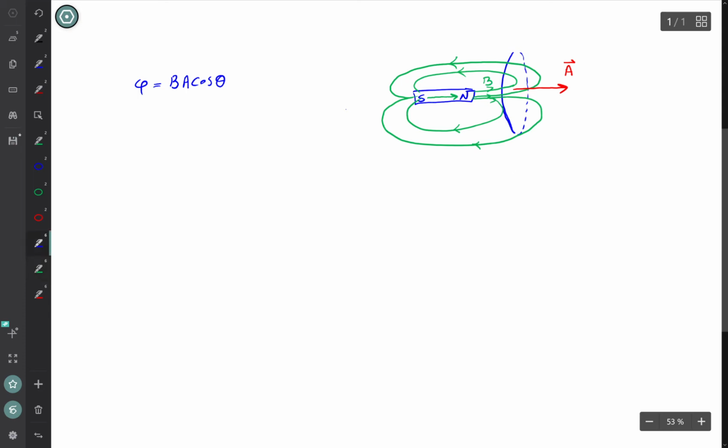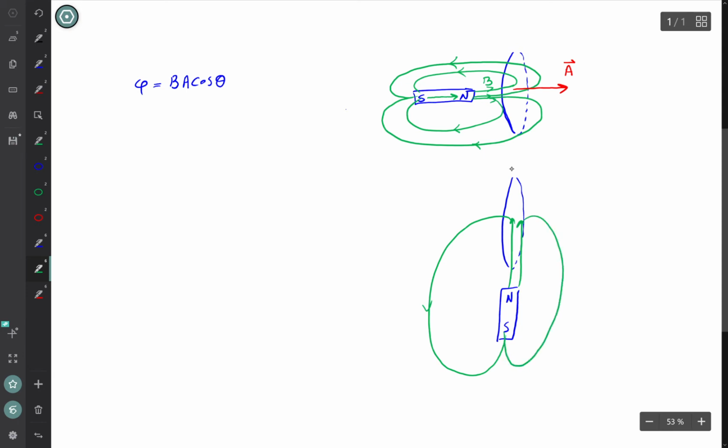Now, if I take my loop like this, and if I put a magnet right below it, with N here and S here, you still see that the field lines are going up. They're coming out of N and going into S. And I want to show you the vector area and the magnetic field.